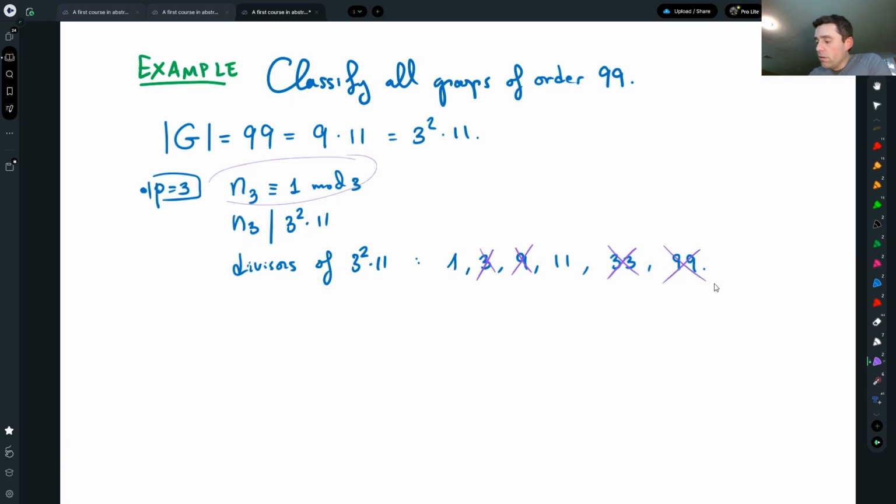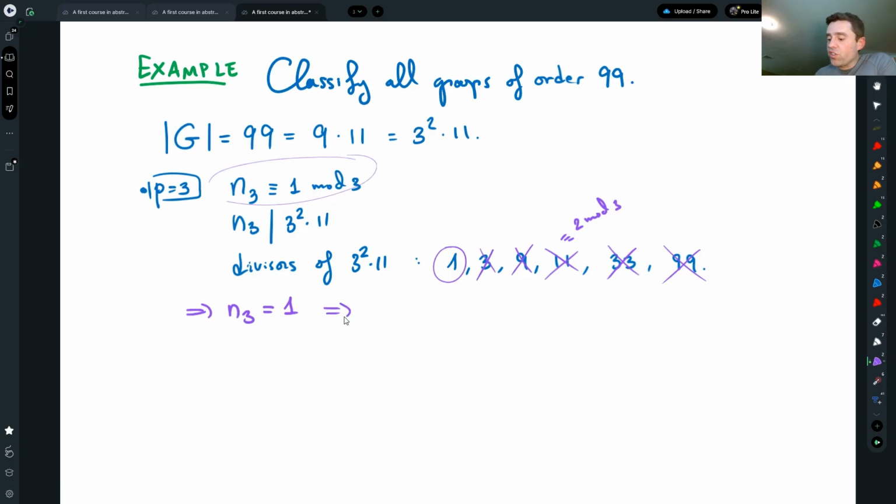And 11 is 2 modulo 3, so it cannot be 11 either. So it has to be 1. So this tells me the upshot is that n_3 is exactly 1. There is exactly 1 3-Sylow subgroup.